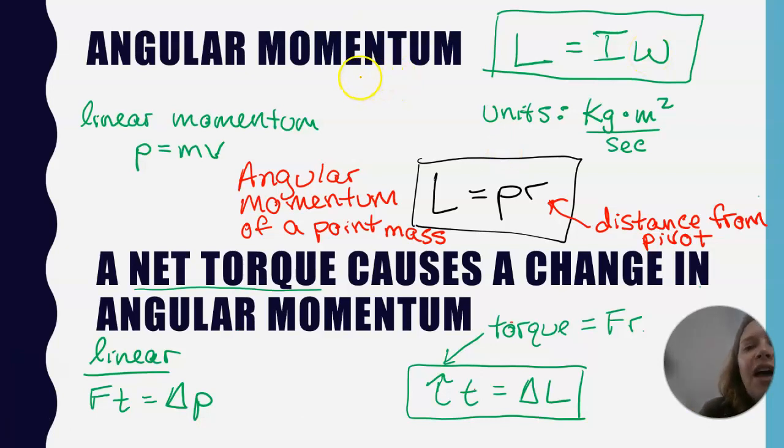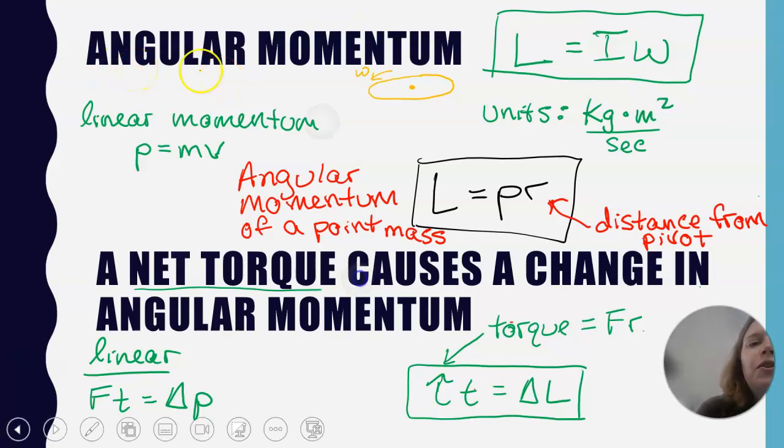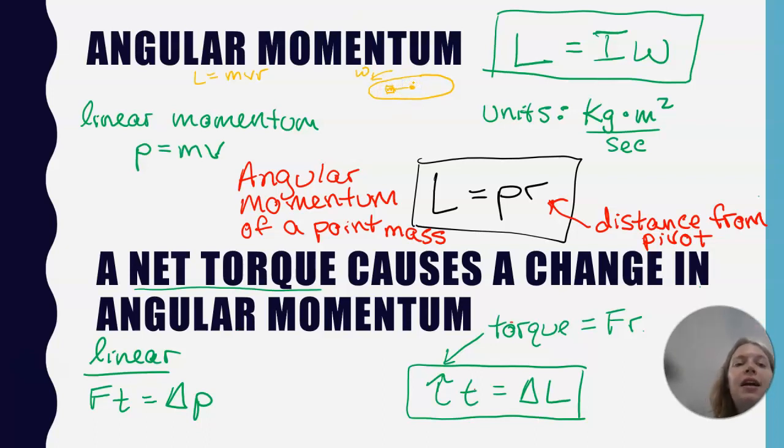And we can kind of derive that from the previous equation we had for angular momentum. But when we look at a rotating object, let's say a record or a rotating disc, what we're going to look at is, if we had our other angular momentum equation, which is L equals mvr, we want to take each chunk of mass and consider the angular momentum of each of those chunks.